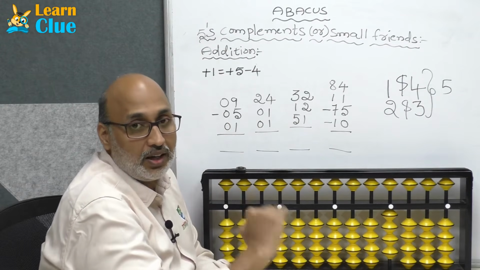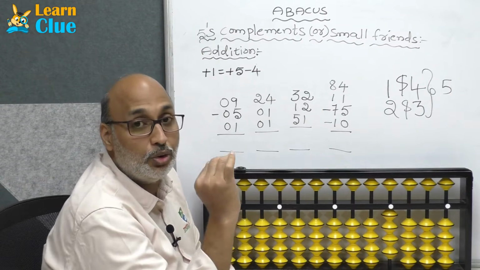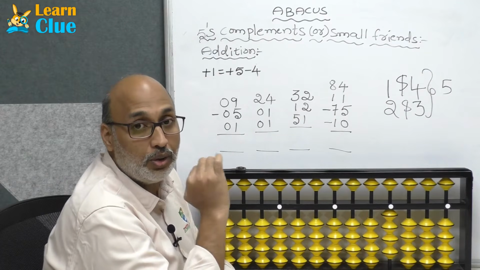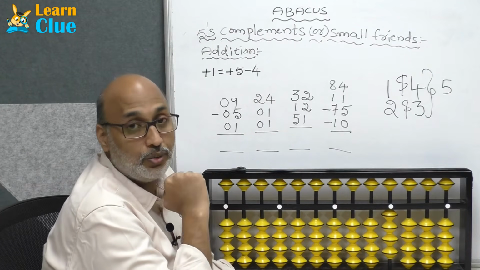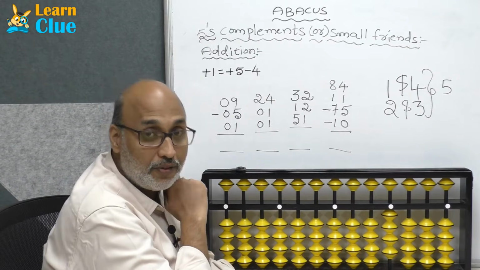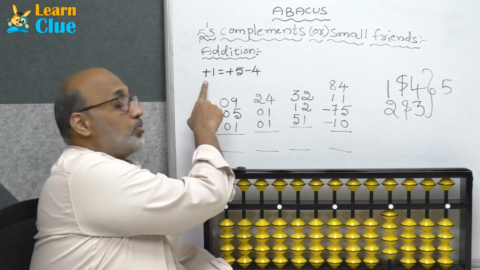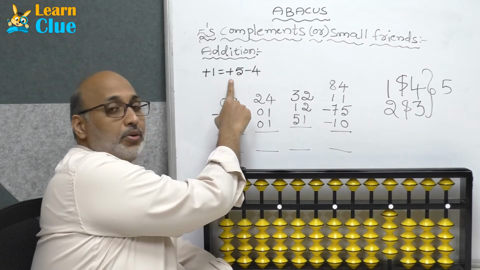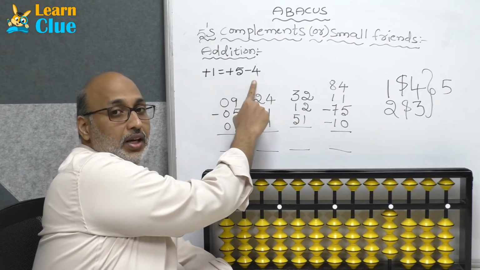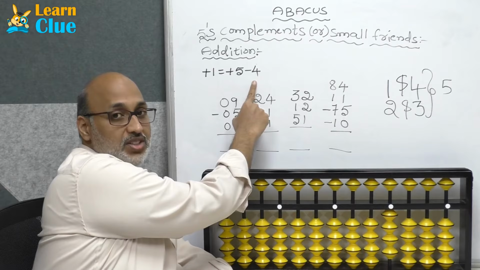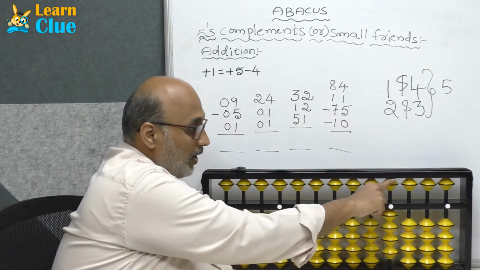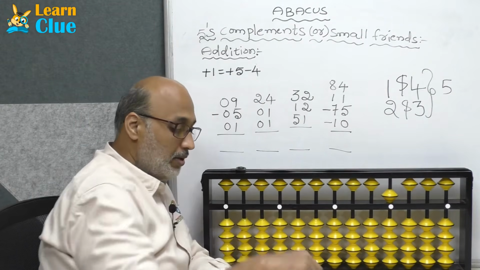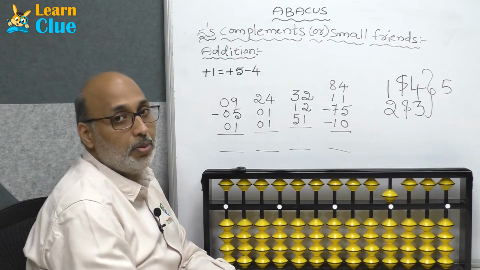By subtraction, along with the common friend. Who is the common friend here? 5. So for plus 1, first we add plus 5, then minus 4. This is the technique. Now try to apply it. Plus 5 minus 4. Then the problem is solved.